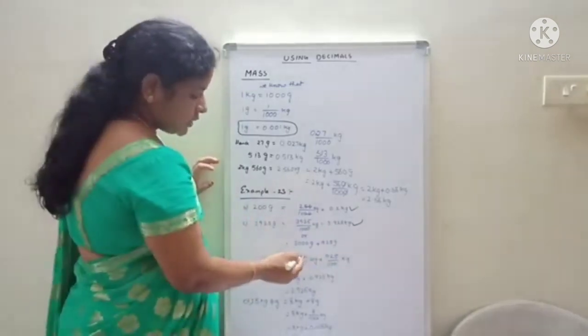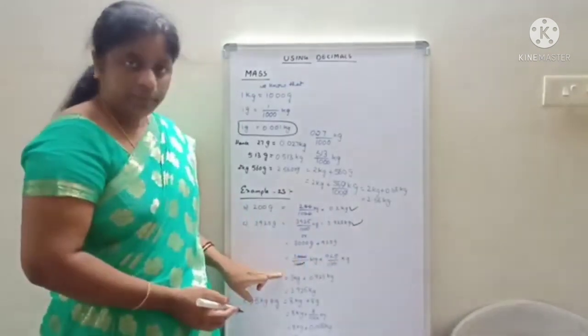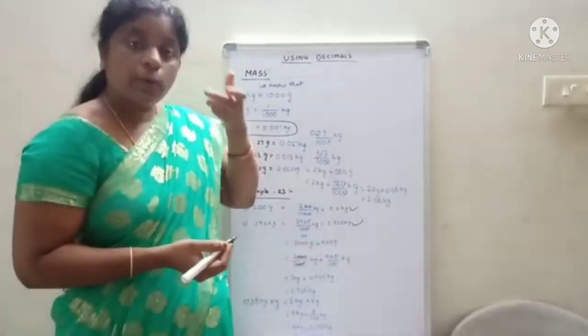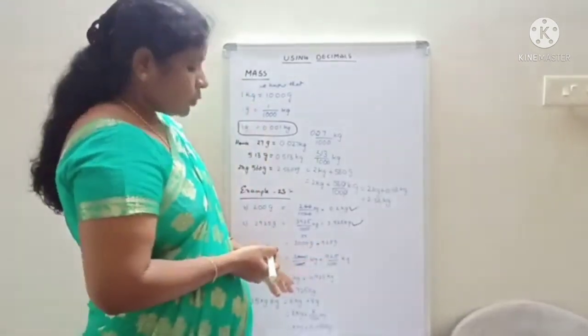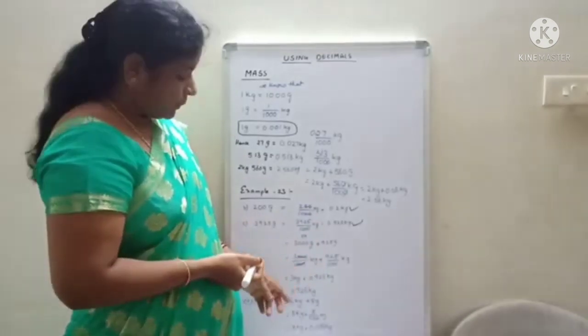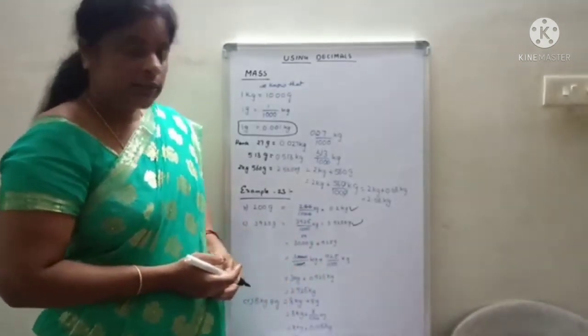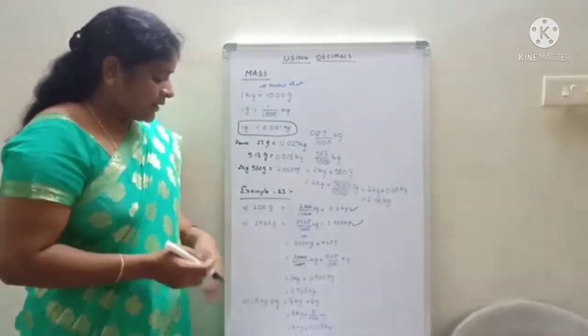Here 3 zeros cancel. We get 3 kg plus 0.925 kg. Both are in kg, so add them. The value is 3.925 kg.